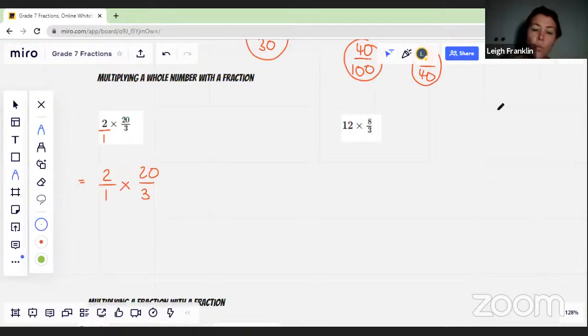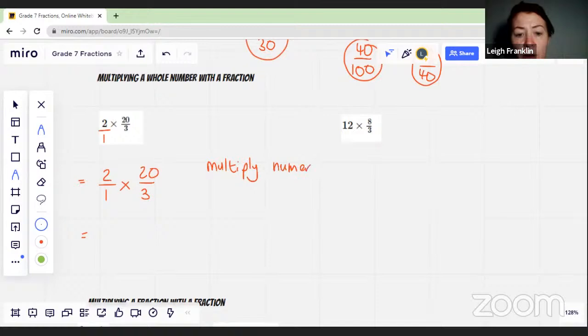So the rule is when we multiply fractions, we've got to multiply numerator with numerator, denominator with denominator. That's how it works. All right, so we multiply. I don't know if you want to write this down for yourselves. Multiply numerator with numerator.